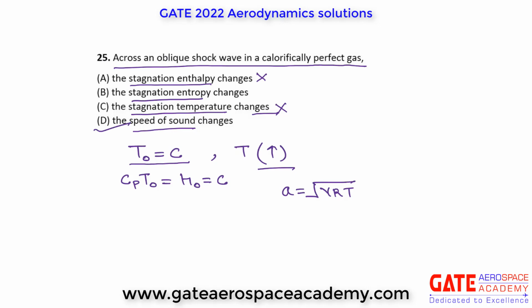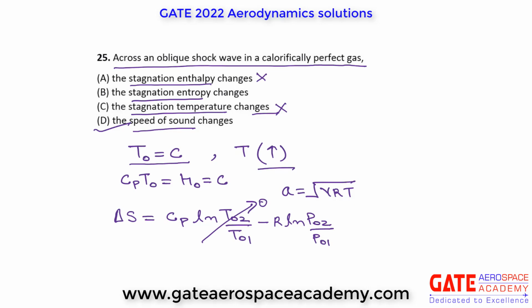Now about option B, the stagnation entropy changes. So formula for stagnation entropy, delta S is equal to Cp ln T02 by T01 minus R ln P02 by P01, right? As we already know, stagnation temperature remains constant, so this will be ln 1, T02 by T01 is 1, ln 1 is 0, right?